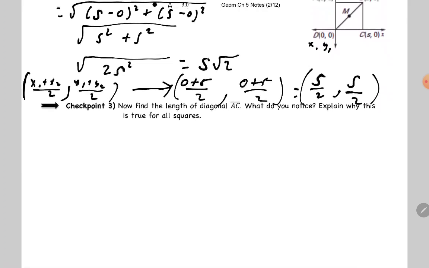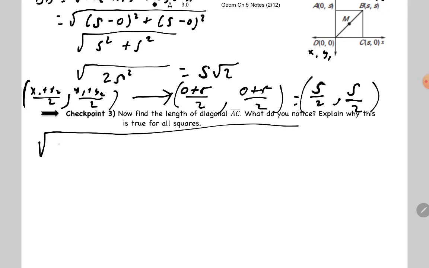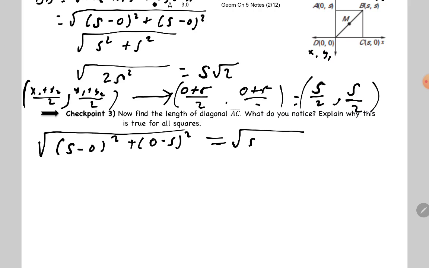Okay, checkpoint 3. Now find the length of diagonal AC. What do you notice? Why this is true for all squares. So if you do the same thing, diagonal AC, you'll get s minus 0 again, plus 0 minus s squared, which is equal to s squared plus a negative s squared, which is still a positive s squared.